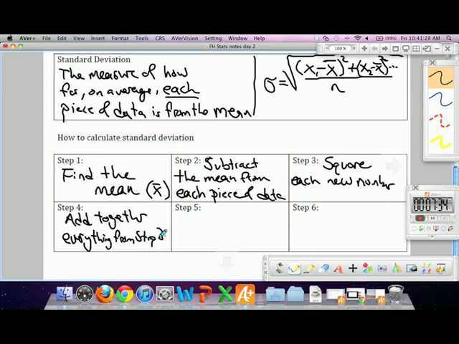Add everything together. Once you've added everything together in the numerator, what's the next thing we want to do? Divide by how many? The number, divide by n, which is the number of pieces of data.